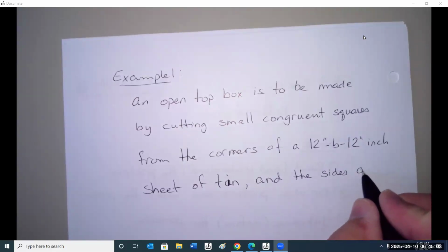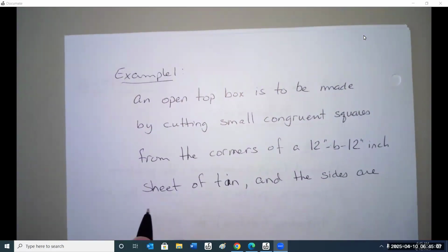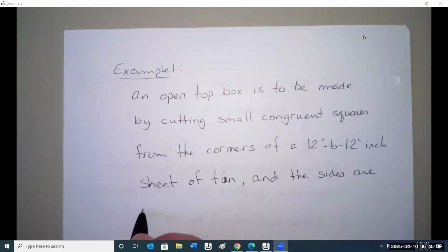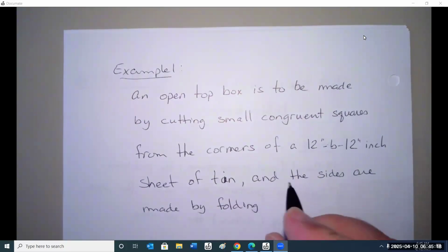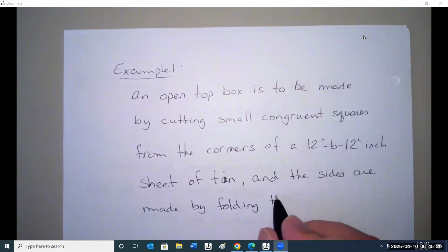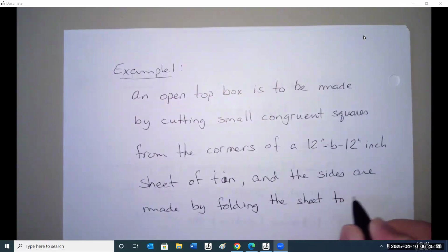And the sides are made by folding or bending the sheet to the cut corners.